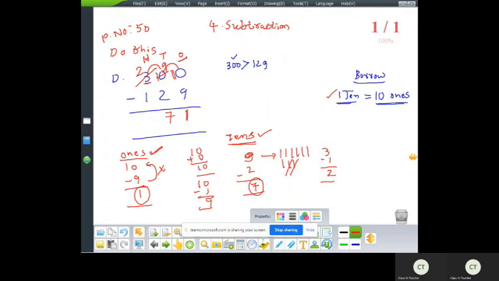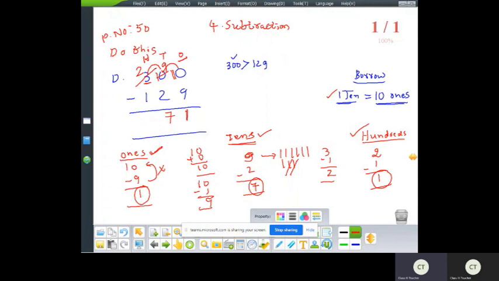Now subtracting on 100. The digits in the 100 place are 2 and 1. 2 minus 1 is 1. This answer 1 goes right under 100.